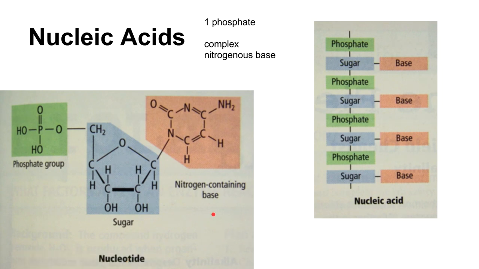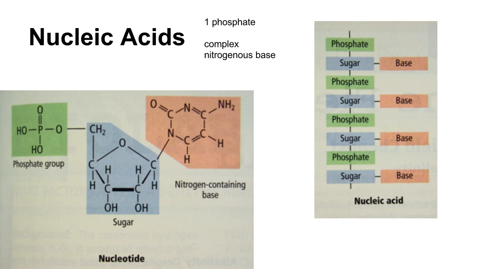DNA is made up of millions of nucleotides, and each RNA molecule probably has thousands. So if the average size protein is 400 amino acids, 3 nucleotides code for a single amino acid, which we'll get to later when we talk about genetics.